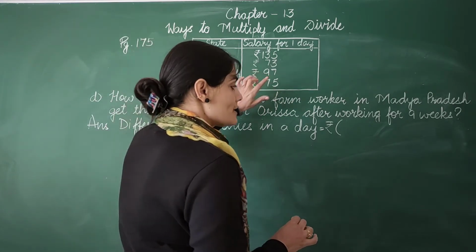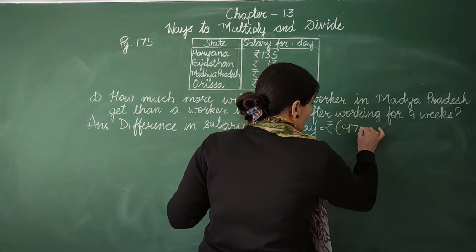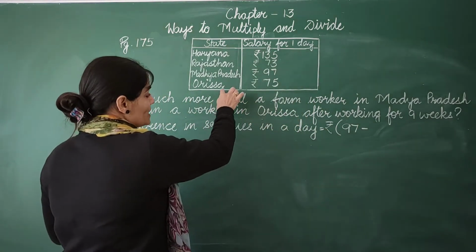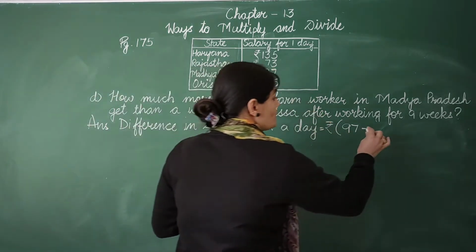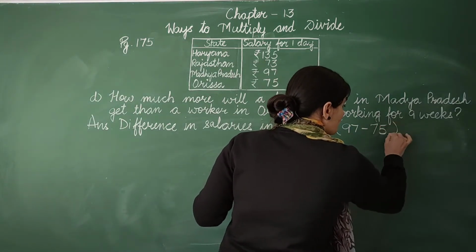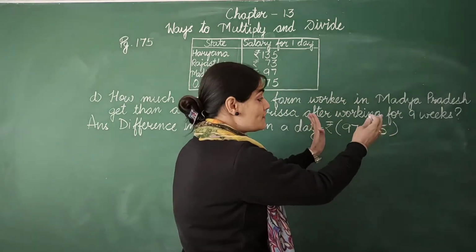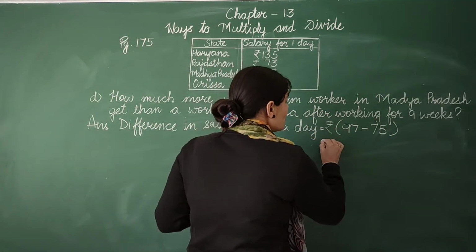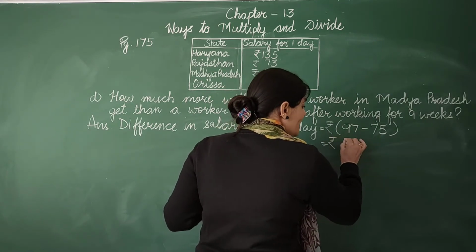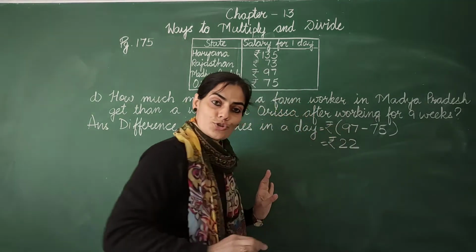It is rupees 97. Fine. And what is the salary of a farm worker working in Odisha for a day? It is rupees 75. We have found the difference in their salary in the very beginning. Clear? So it comes as rupees 22.